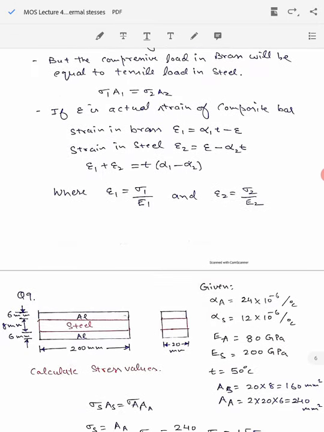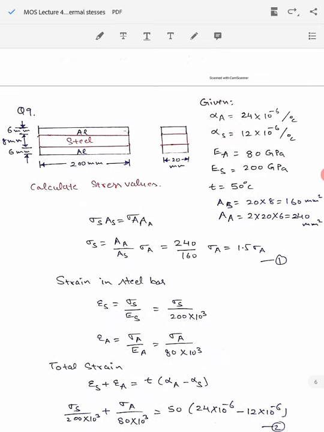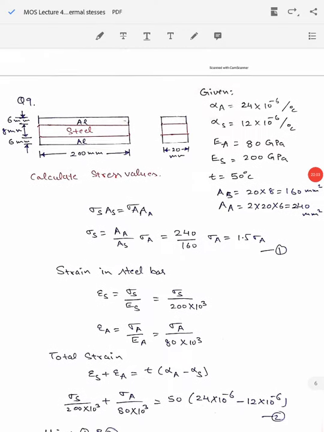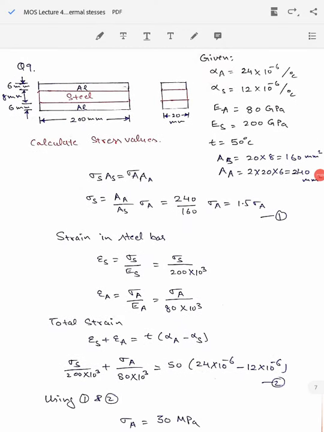Now let's use these concepts that we have learned in a numerical, and we see here we have a very specific case in which a steel bar is sandwiched between two aluminum bars. So on the outer side there are two aluminum strips, and in the middle there is a steel bar.